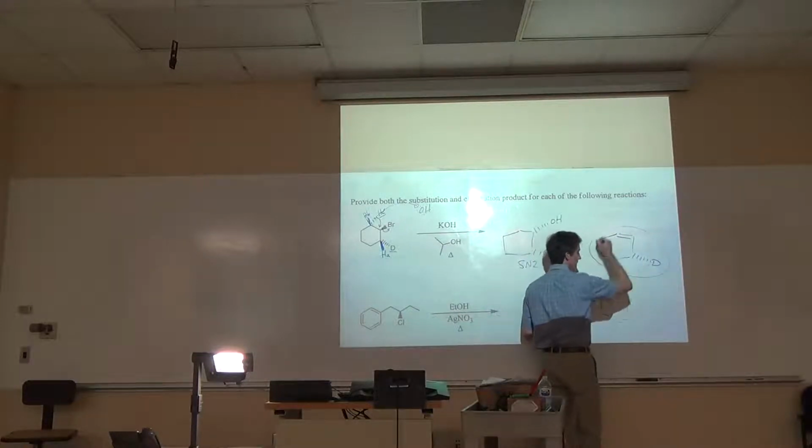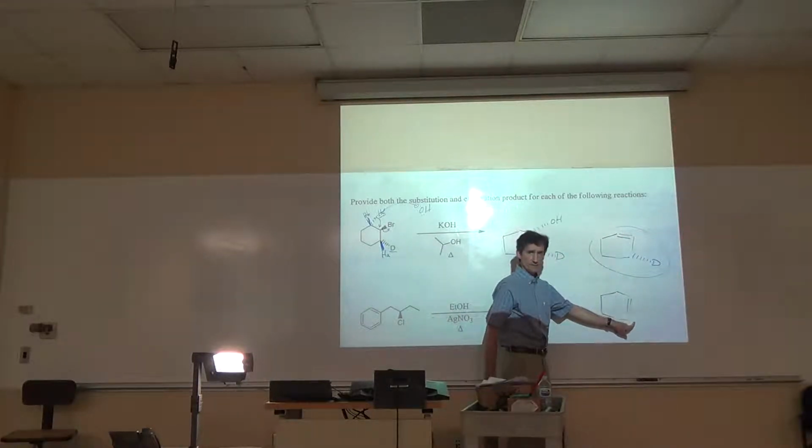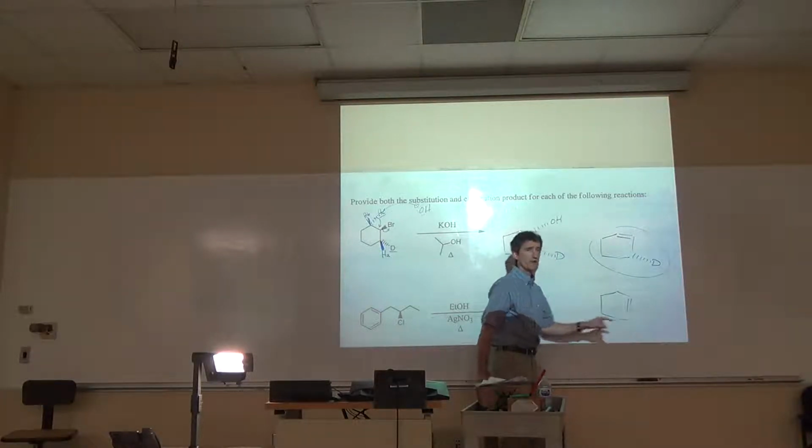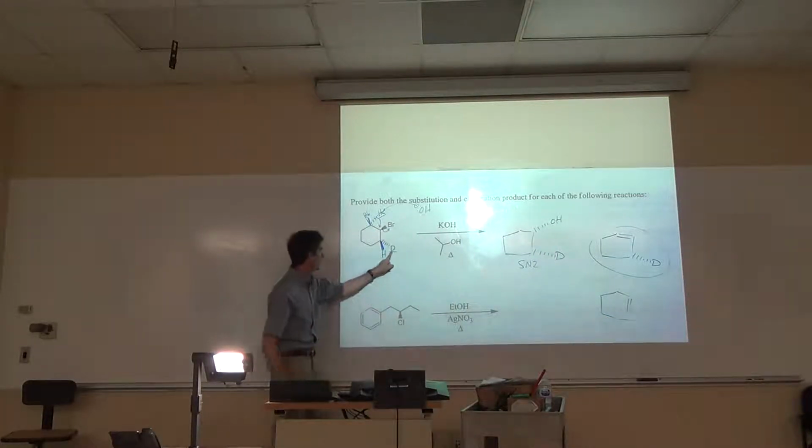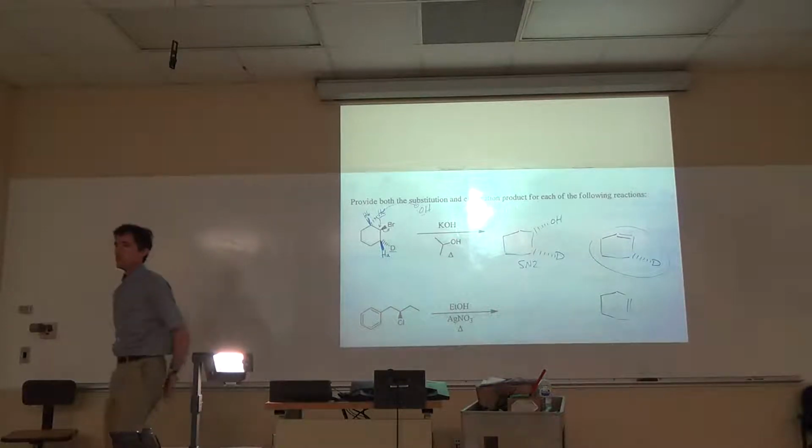I would say this is the product. But importantly, if you did do a reaction down here for some reason, you would abstract the deuterium. So that is a possible product, it just wouldn't be as fast as working the H.